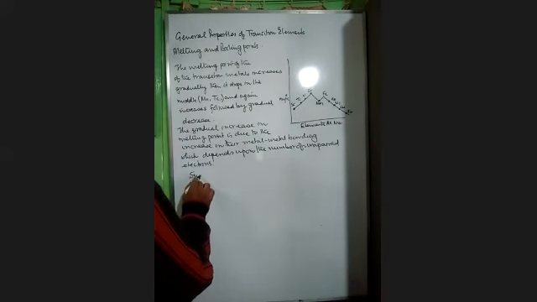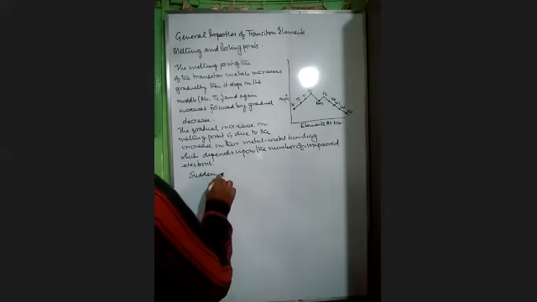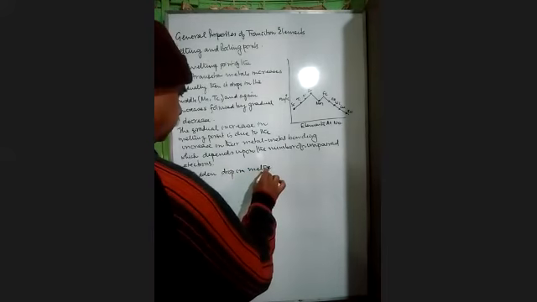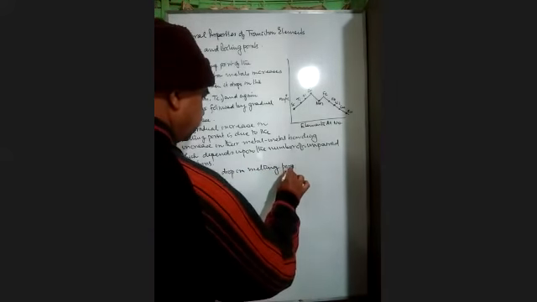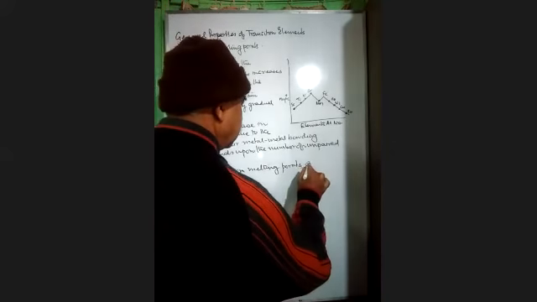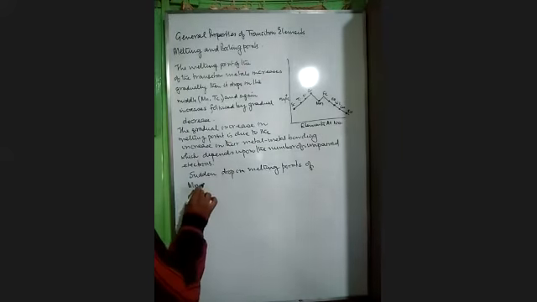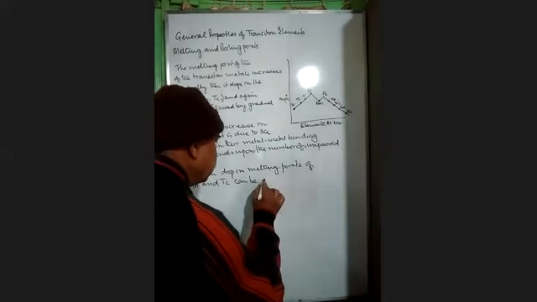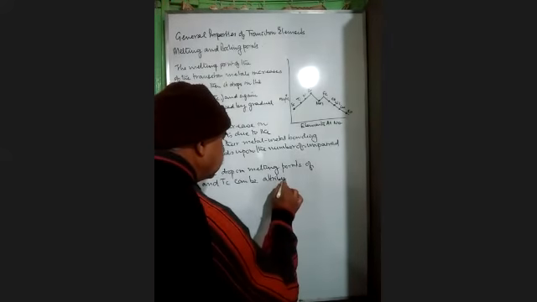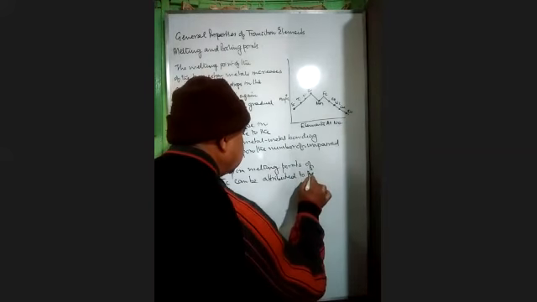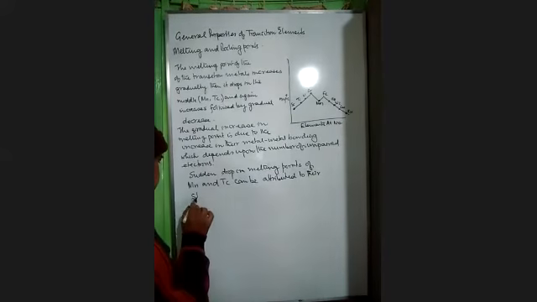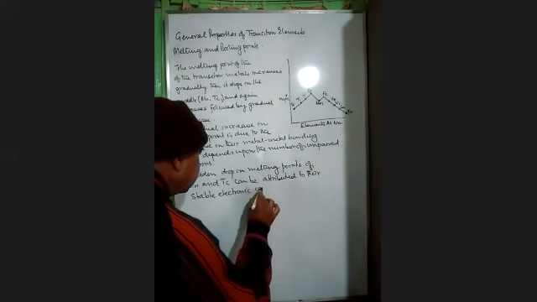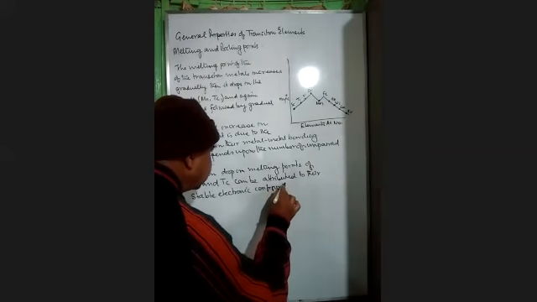What will I write now here? Sudden drop in melting points of manganese and technetium can be attributed to their stable electronic configuration.